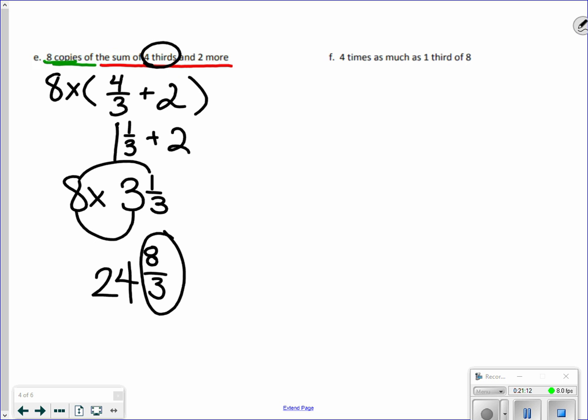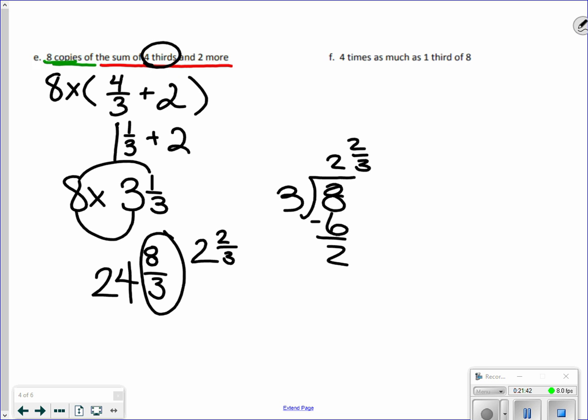I can't ignore the 24 when I'm done, but I do have to deal with this. 3 goes into 8 2 times, and I'm left with 2/3. 3 into 8, 2, 6, 2. 2/3. Plus the original 24. 26 2/3.